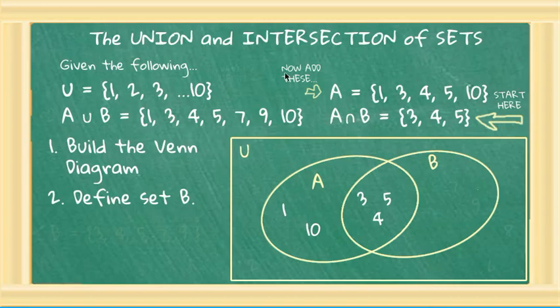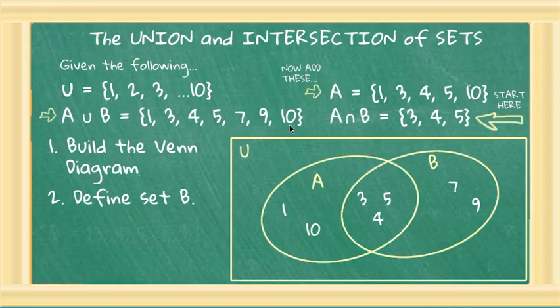So the next thing we've got to look at is the union of A and B and see what's left over. So A and B together contains these 7 elements. Well, let's look. 1 is already contained in A. 3, 4, and 5 are in that intersection there. 7 hasn't shown up yet.